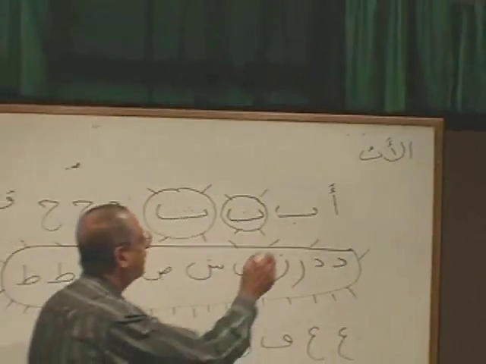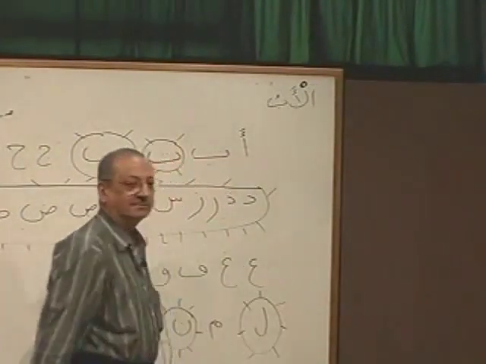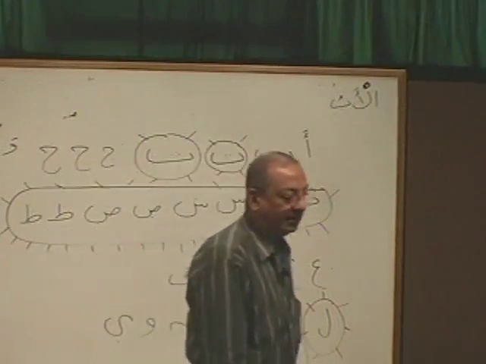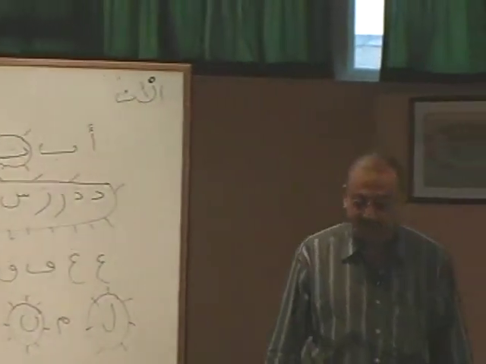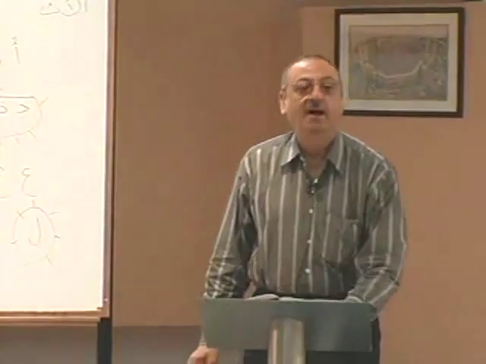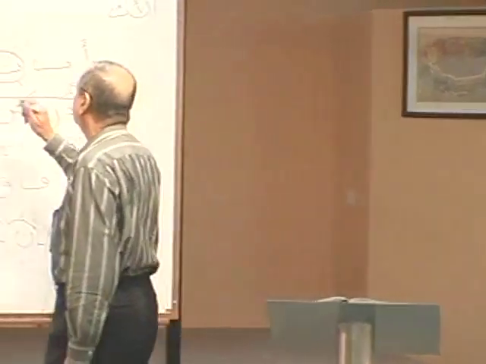So I did pronounce Lam. Are you with me? But if the next letter is Ba, and it is written here, Al-Babu. Put waw in front, you will say, Wal-Babu. Compare that to Ta. We come to Ta now.